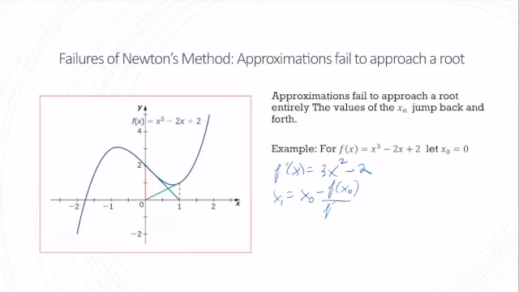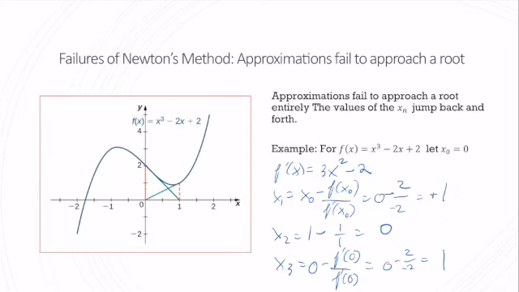So now I have x sub 2 equals 1 minus 1 over 1, which is 0. And if I plug in x sub 3, I get 0 minus f of 0 over f prime of 0, which would be 0 minus 2 over negative 2, which is again a positive 1. So this is going to keep repeating and switching between 1 and 0 the entire time. Okay, so that would be an example of us failing to approach a root using Newton's method.